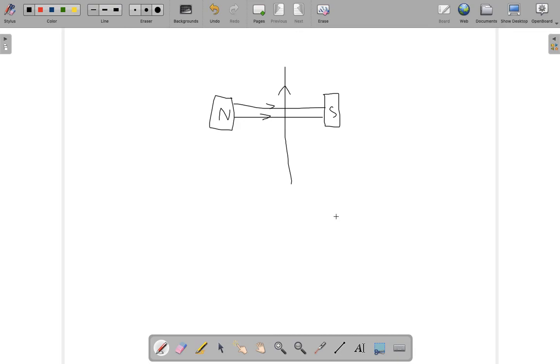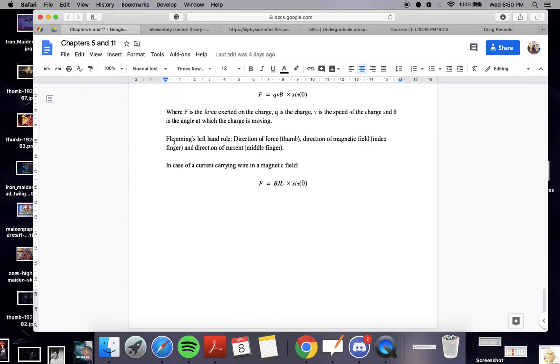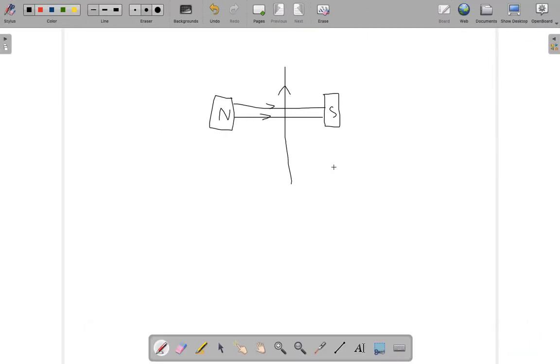Now in order to determine how it moves, I make use of something called Fleming's left hand rule. So you take out your hand, this time your left hand, you have your thumb, your index finger, and your middle finger. You keep them out, sort of like that.